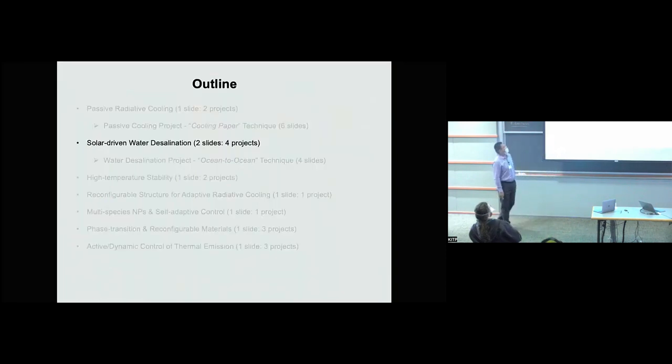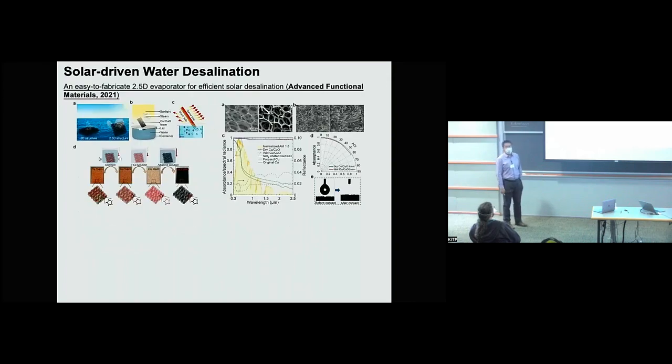Okay, so next project, about solar-driven water desalination. People have also studied this for the past few years. And 2 weeks ago, in Gang Chen's presentation, he also mentioned that people already study hydrogel-based material from Guihua Yu's group.